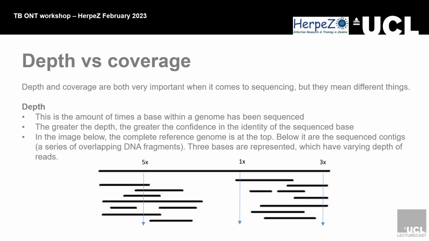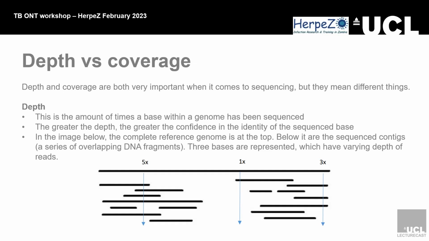But if you're working on something like TB, which is very slow growing and very slow mutating, and as Keith said, the difference between the same organism and a different organism is down to sort of 10 or 12 base pairs in an entire genome, the better your depth, the more confident you'll be.